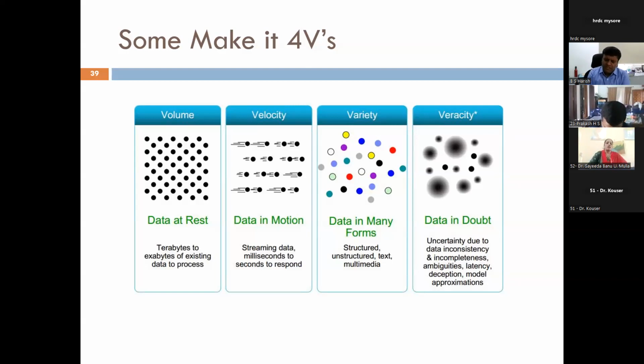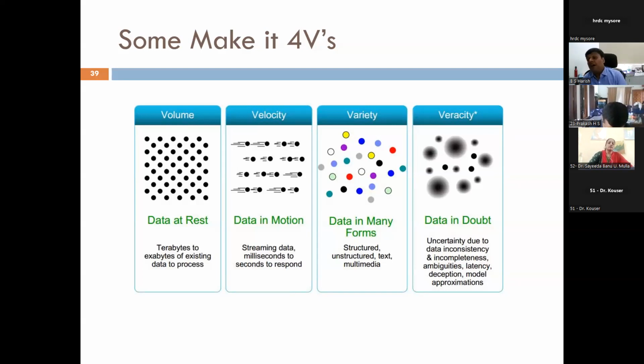So data which comes with ambiguity, inconsistency, uncertainty, or is incomplete in its nature is called the property of veracity.